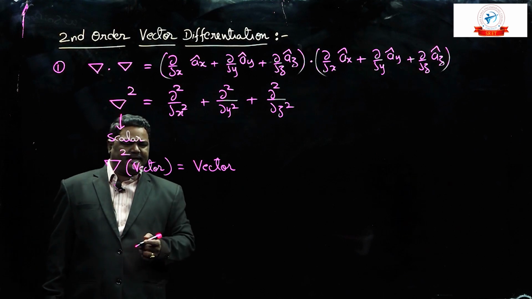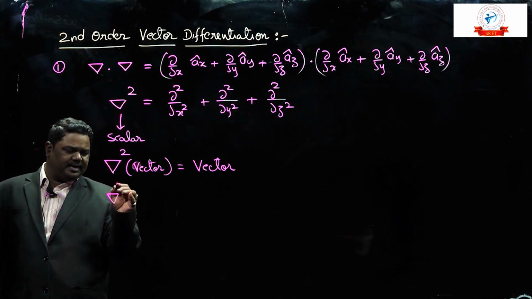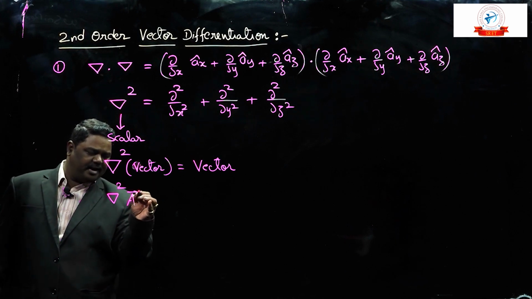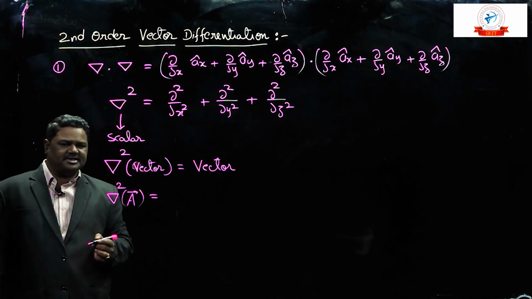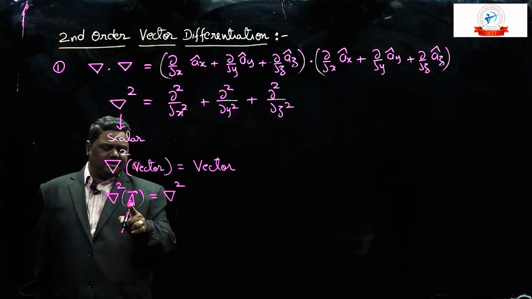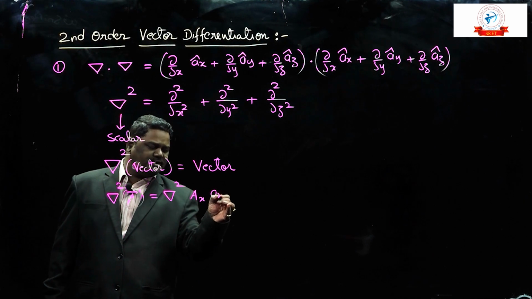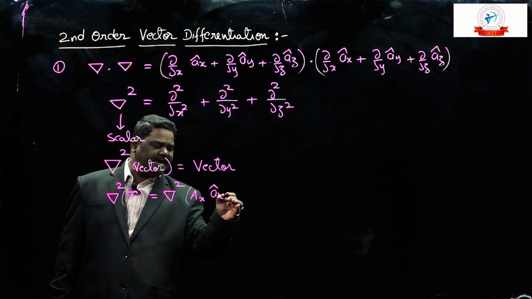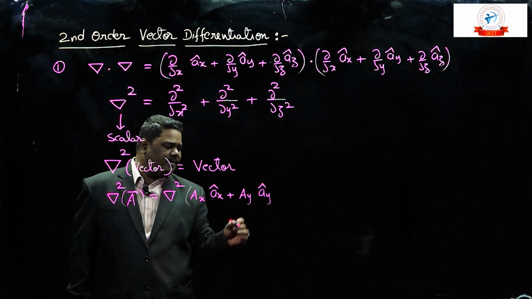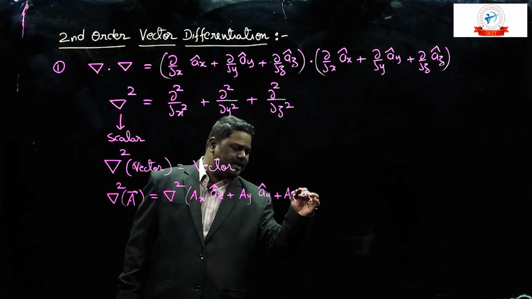Let me explain with a vector. Del square, in the place of the vector I consider A bar. A bar can be represented in terms of its components: ax into ax cap plus ay into ay cap plus az into az cap.